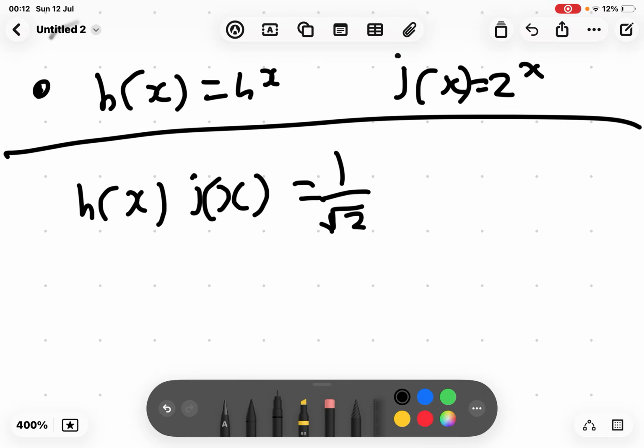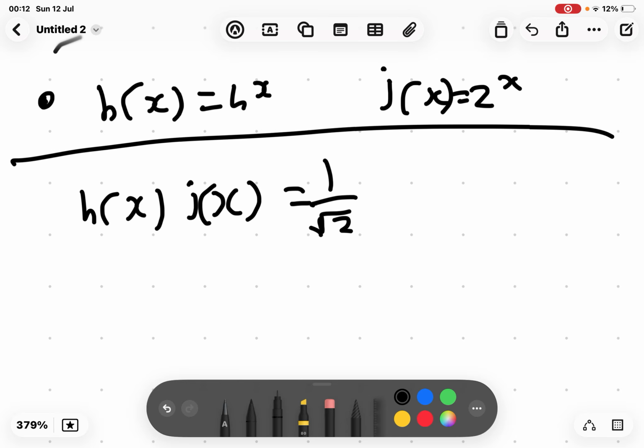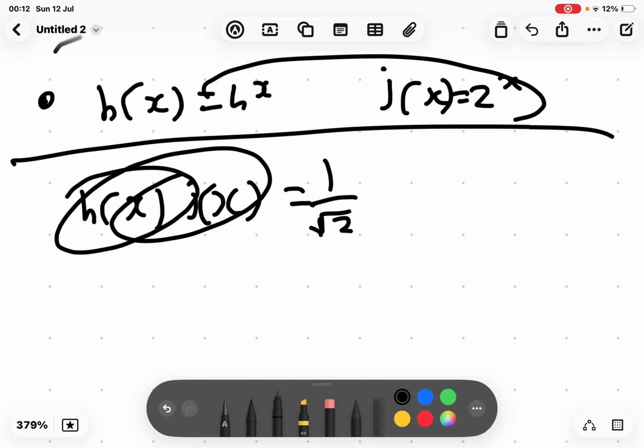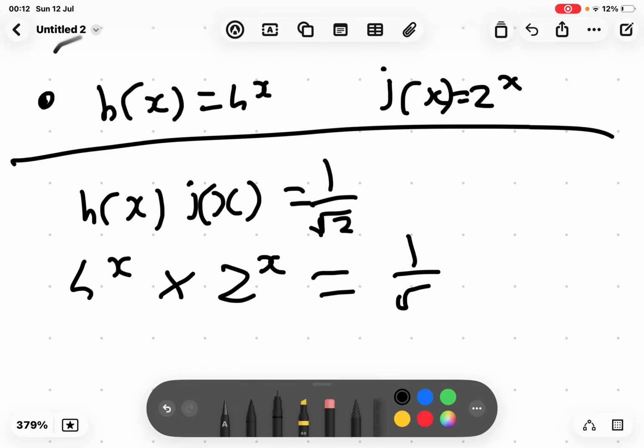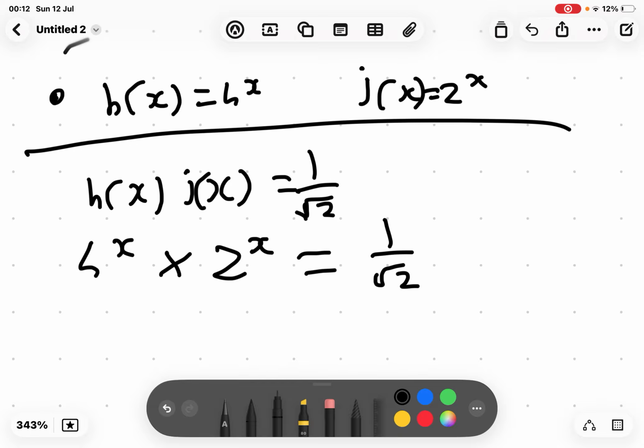So we can straight away replace these with these. So 4x times x squared equals 1 over x. We can put this as this.